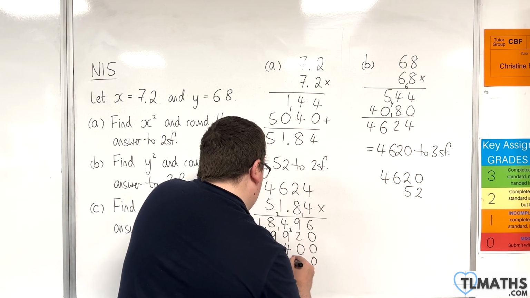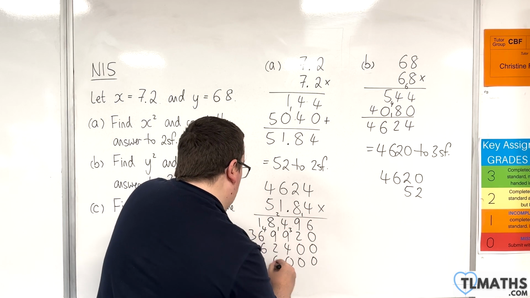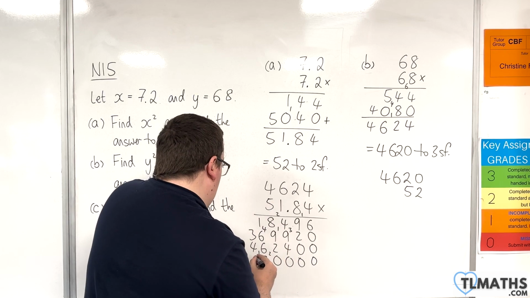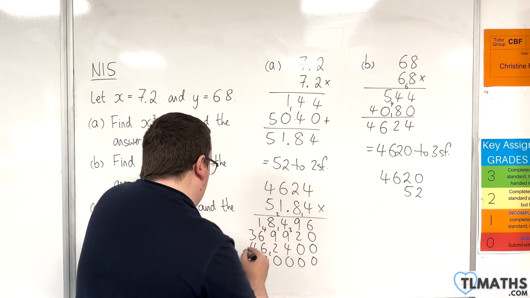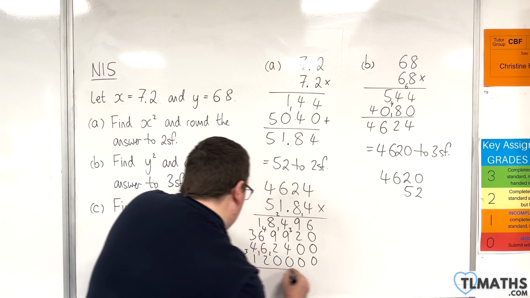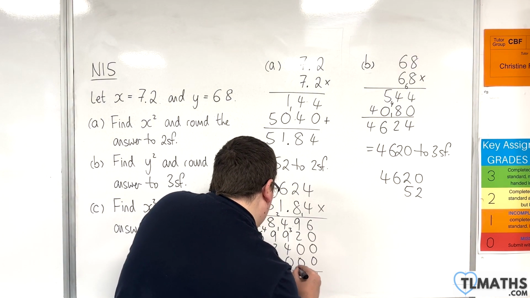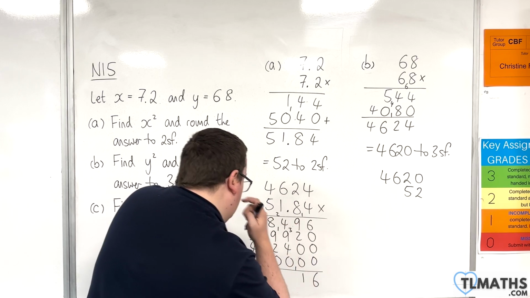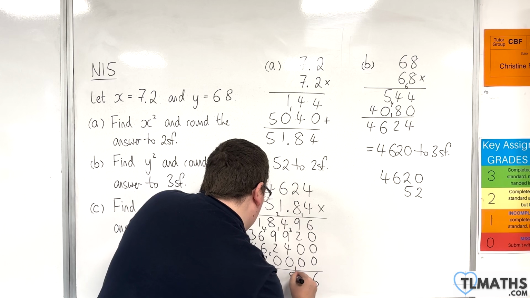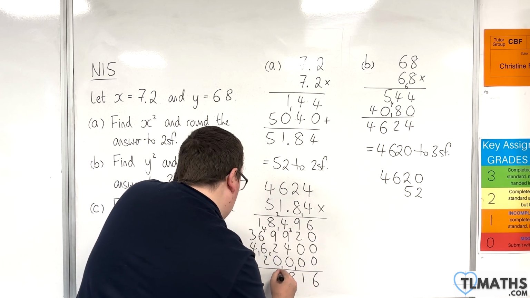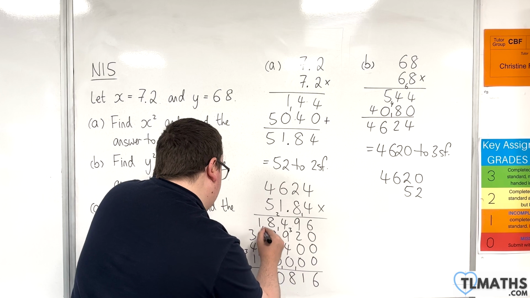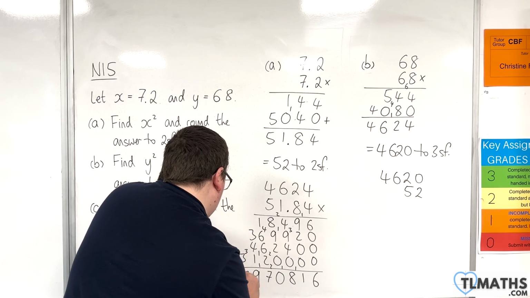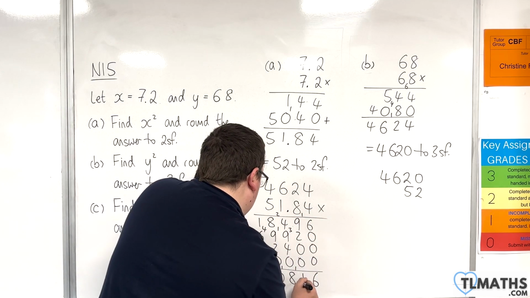Bring in three zeros. 5 times 4 is 20. 5 times 2 is 10, plus the 2 is 12. 5 times 6 is 30, plus the 1 is 31. 5 times 4 is 20, plus the 3, so 23. So add them all together. Let's do that again. We've got two numbers to the right of the decimal point.